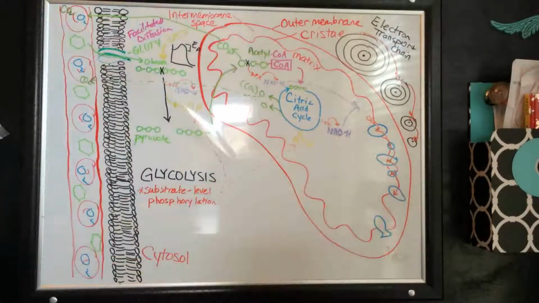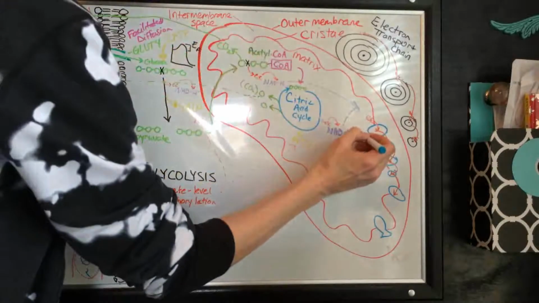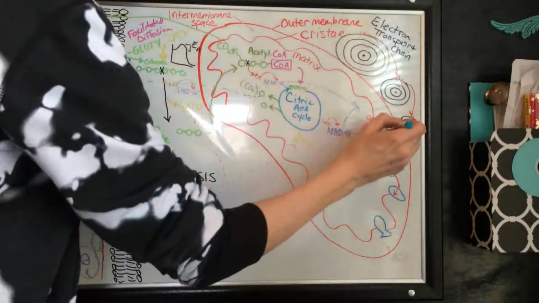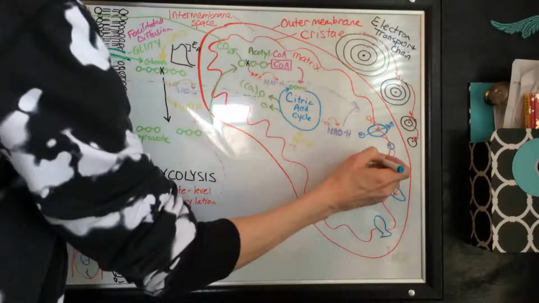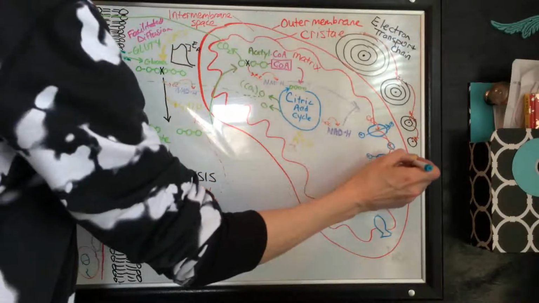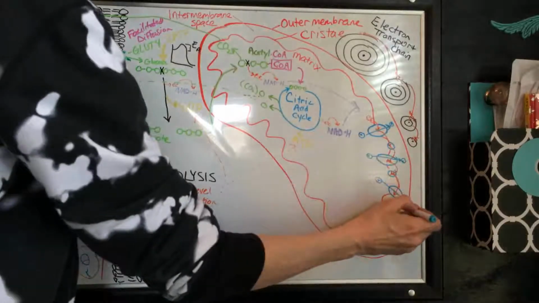So every time the electron falls, we take a hydrogen ion, a little proton, and we shove it across the membrane. And it actually doesn't get past every single protein. That's really not that important. We do get a lot of passing of protons.